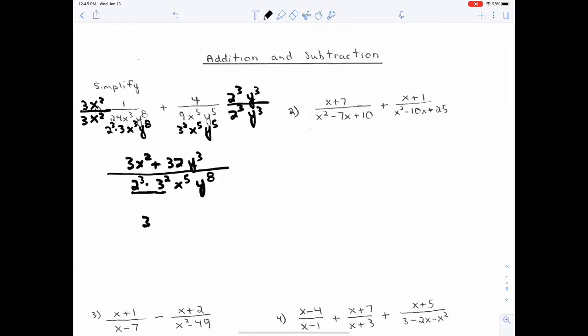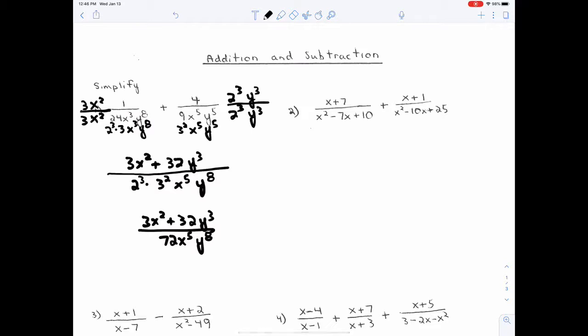So we have 3x squared plus 32y to the 3rd all over 72 x to the 5th y to the 8th.